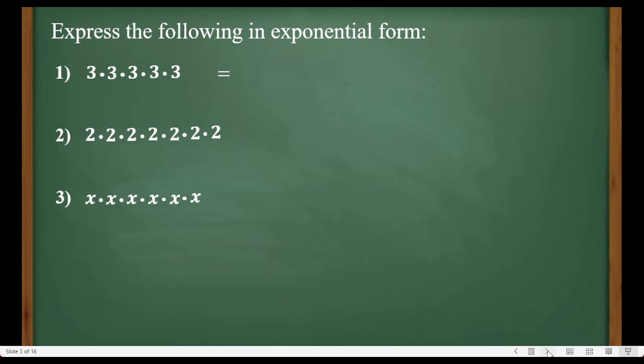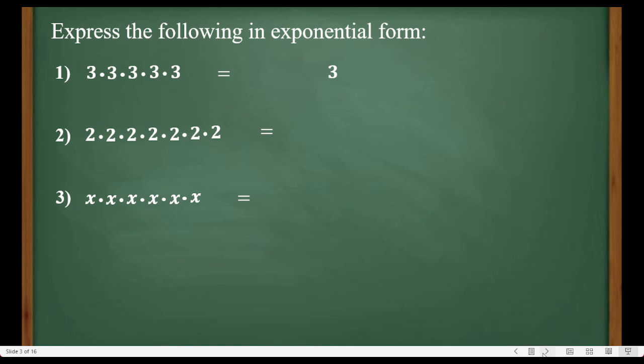So we go back to number 1. So this is how you write the exponential form. So obviously, the common factor here, or the number that is being multiplied by itself here, is 3. So the answer contains 3.